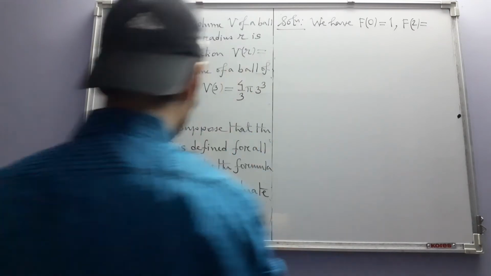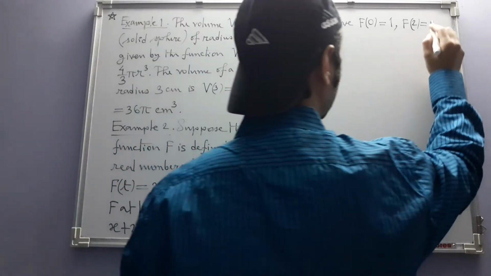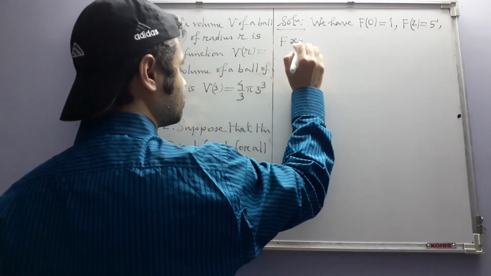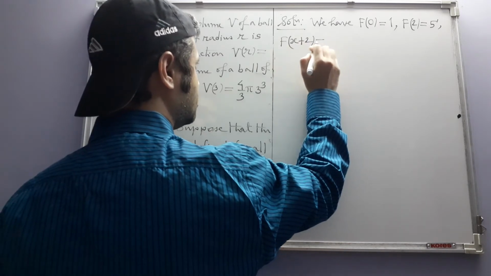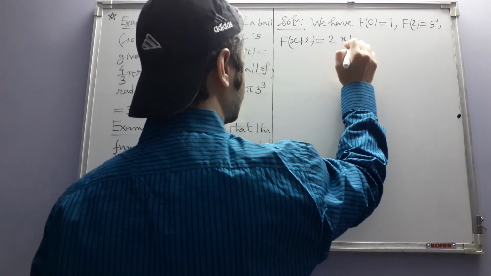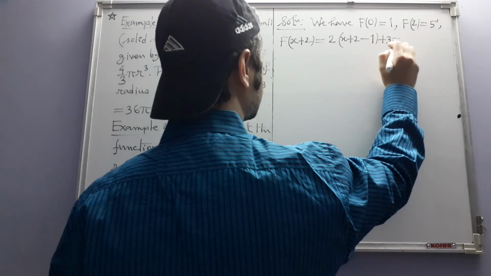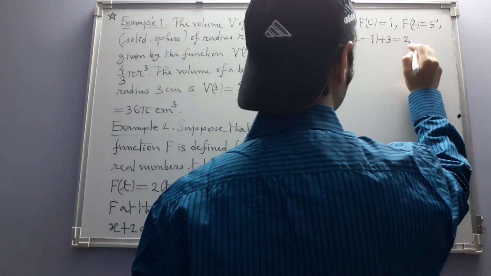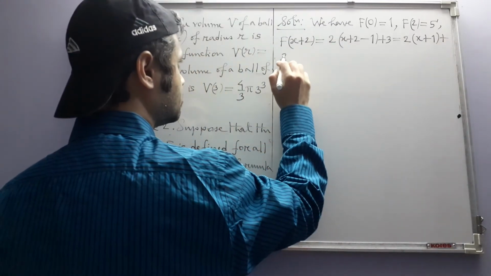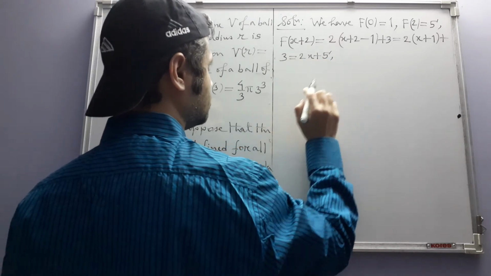F of 2 is 2 times (2 minus 1), which is 2, plus 3 is 5. F of x plus 2, where x can be any real number, is 2 times (x plus 2 minus 1) plus 3, which is 2 times (x plus 1) plus 3, and that equals 2x plus 5.